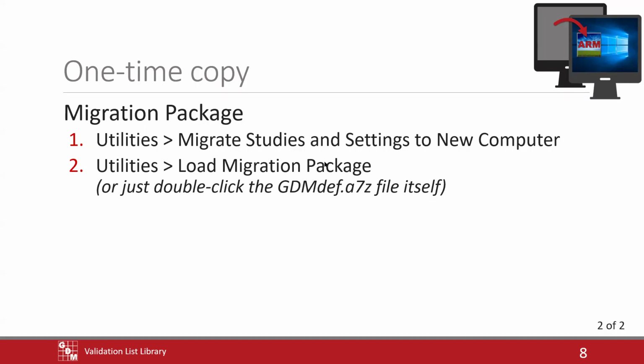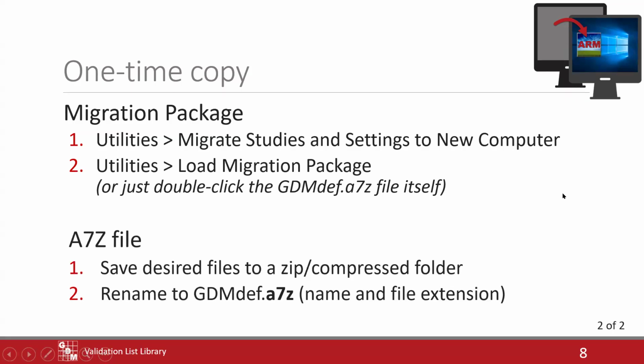So again, very simple with the migration package, pretty fast and straightforward, but not any control at all as far as you just have to get everything. The picking and choosing, that A7Z file, pretty simple actually to create.